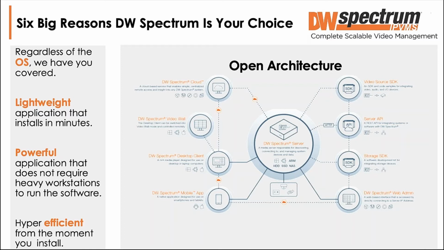So you don't need big computer systems to run it. You can run it on small platforms. And yet the software is powerful enough to handle things like our 48 megapixel camera. Open architecture also gets into all of those technology partners and the ability to interface with them, something we've been featuring in our Works with DW Spectrum webinar series.